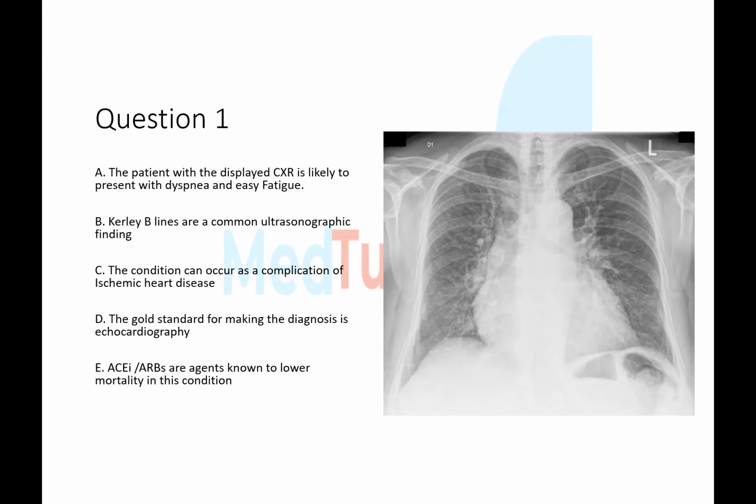ACE inhibitors and ARBs are agents known to lower mortality in this condition. So that's also correct. For this exam, it is expected that we should know those drugs that will reduce mortality in heart failure, and we should know drugs that will only reduce morbidity. For instance, the patient with heart failure comes in with breathlessness and we give diuretics.